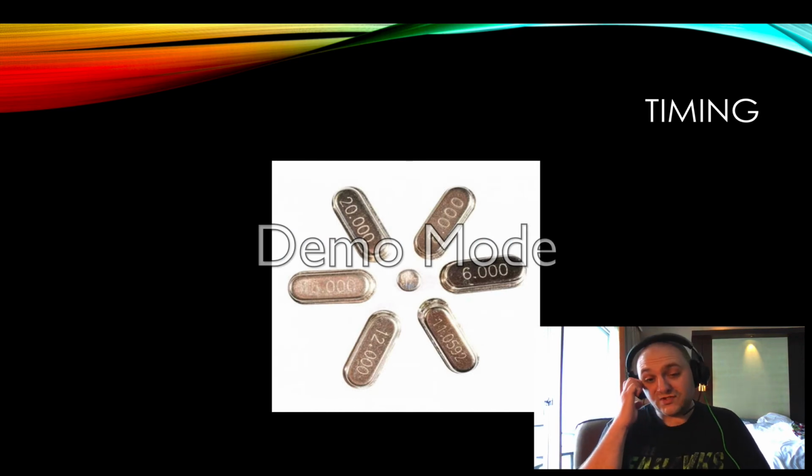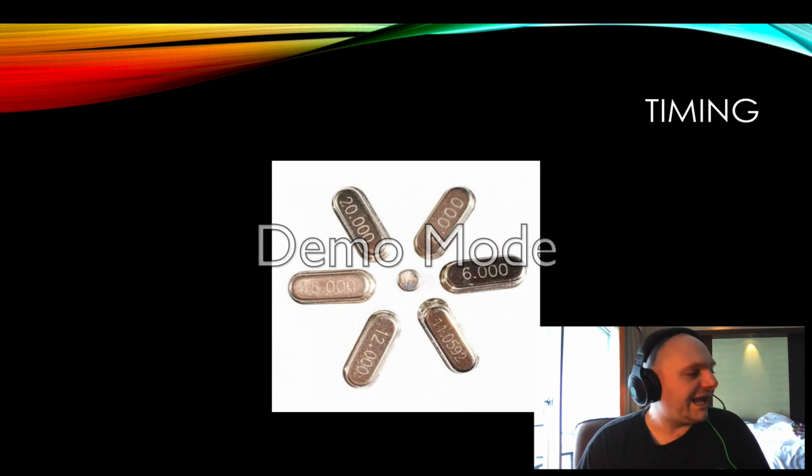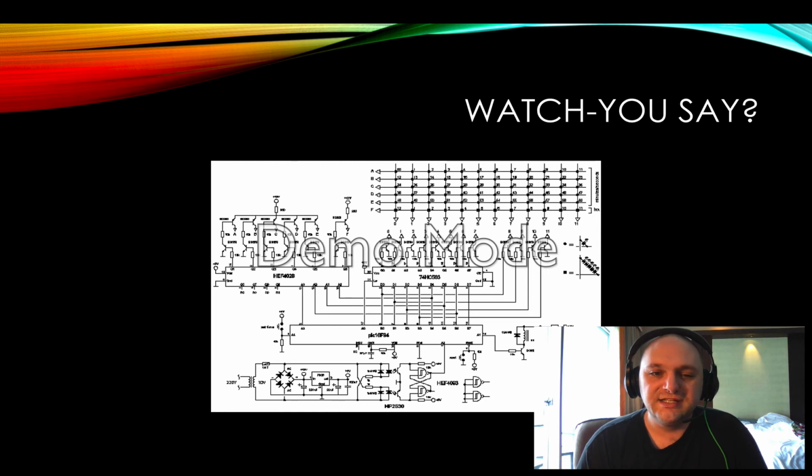So timing, these are what are called crystal oscillators. You put in a voltage, and they're quartz crystals, and they output a frequency signal, a sine wave frequency. And they use that in everything electronics because everything has to be able to talk on the same time base.